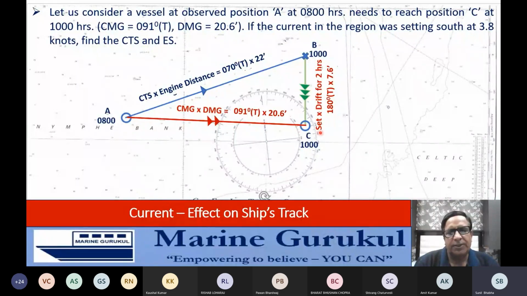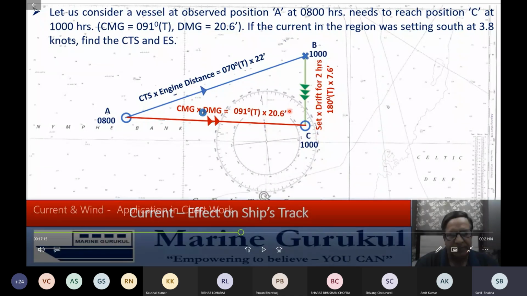So AC would represent the course that the vessel will have to make good and the distance that the vessel has to make good in 2 hours. Since A and C are the same points as in the previous discussion, therefore the CMG that has to be done by the vessel is 091 degrees true, and the DMG is 20.6 nautical miles.